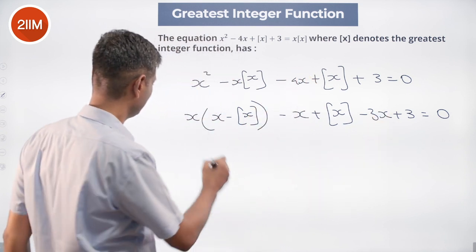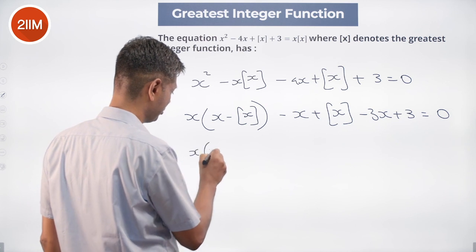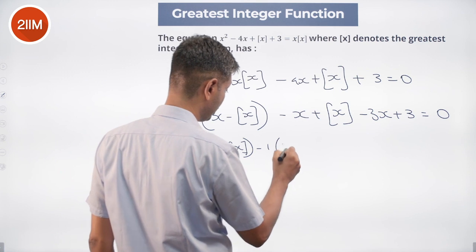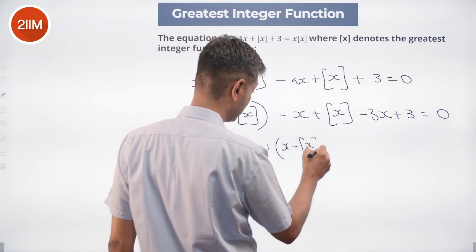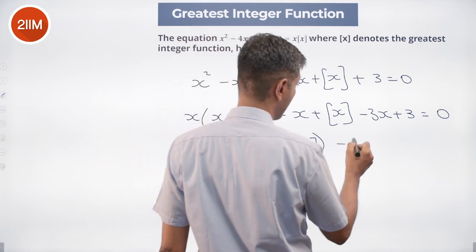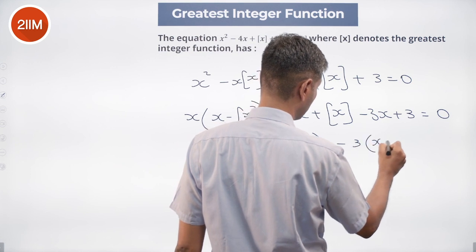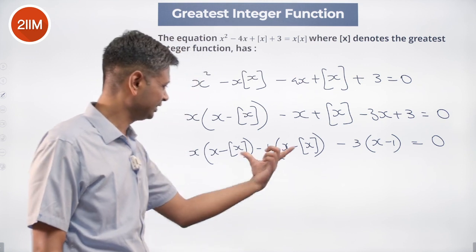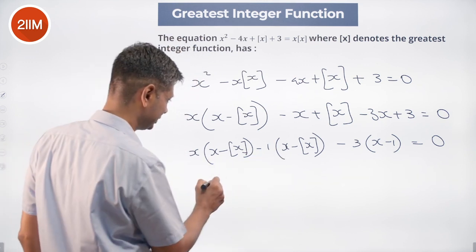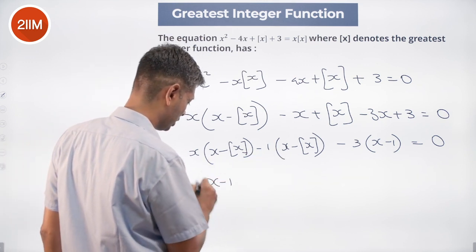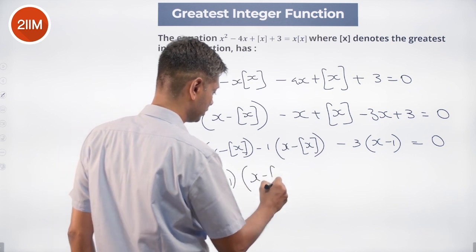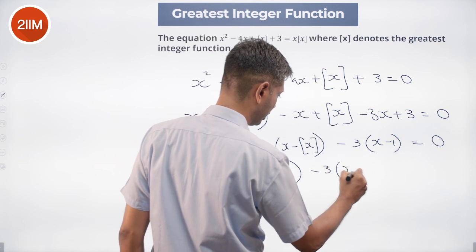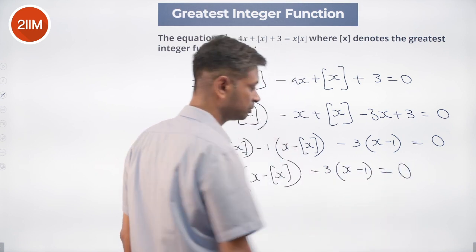Nice. So this becomes x times x minus greatest integer of x, minus 1 times x minus greatest integer of x, minus 3 times x minus 1 equal to 0. This is nicely factorizable. x minus 1 times x minus greatest integer of x, minus 3 times x minus 1 equal to 0.